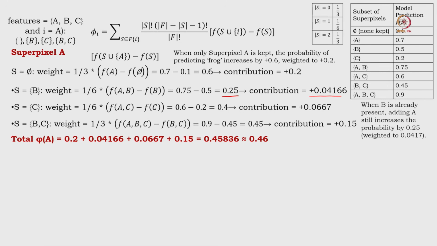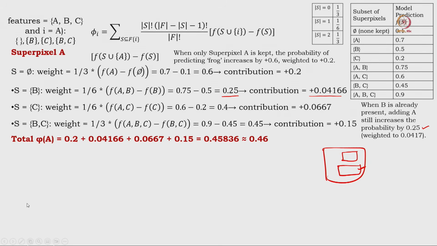Already we have B. There is an image where the superpixel B is there. For that you have added superpixel A also. By adding A to the particular image where only B is kept, the probability increases by 0.25 weighted to this value.